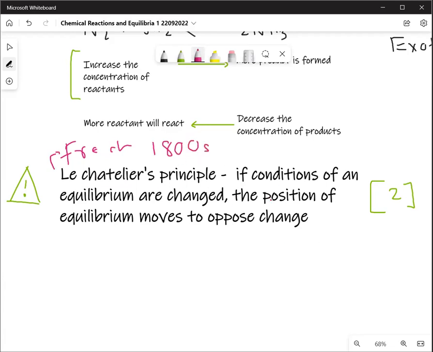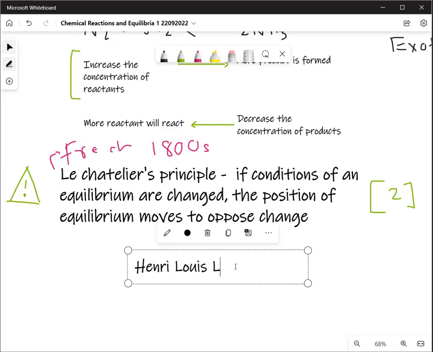Now, have you finished writing this? Quickly. His actual name is this. No, you don't have to write this, obviously. This is his full name, and you know how they pronounce it? They say Henri Louis Le Chatelier.